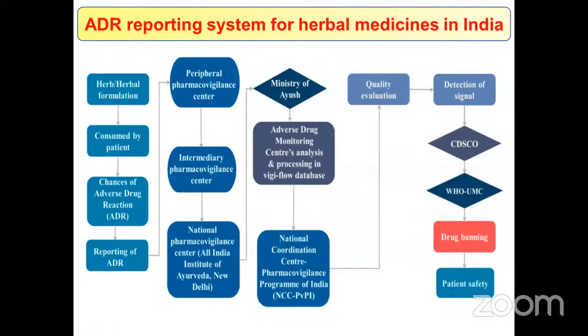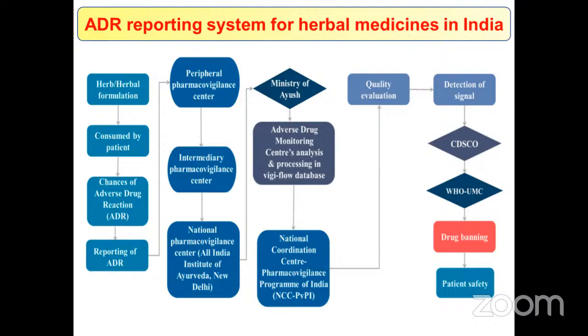So from the herbal drug formulation to consumption by patients, to chances of ADRs, if any sort of ADR occurs, then it is reported to the ADR centers, peripheral pharmacovigilance centers like our Calcutta JB Roy hospitals, JB Roy Ayurvedic hospitals and clinical research centers, intermediate pharmacovigilance centers, national pharmacovigilance centers, then the Ministry of Ayush, and so on, like the quality evaluations, and ultimately the World Health Organization's Uppsala Monitoring Centre, that is in Sweden.